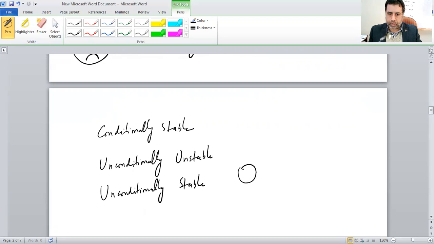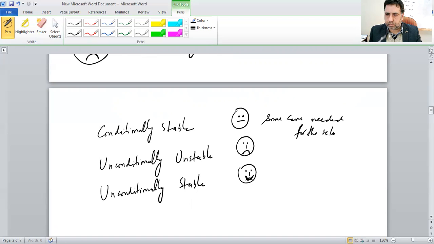So we could write like this. This is the case where you are not able to apply this scheme. And for this, you need to have some extra care. So let me put like this. So some care needed for the choice of time step size and space step size. Here you are free to choose.